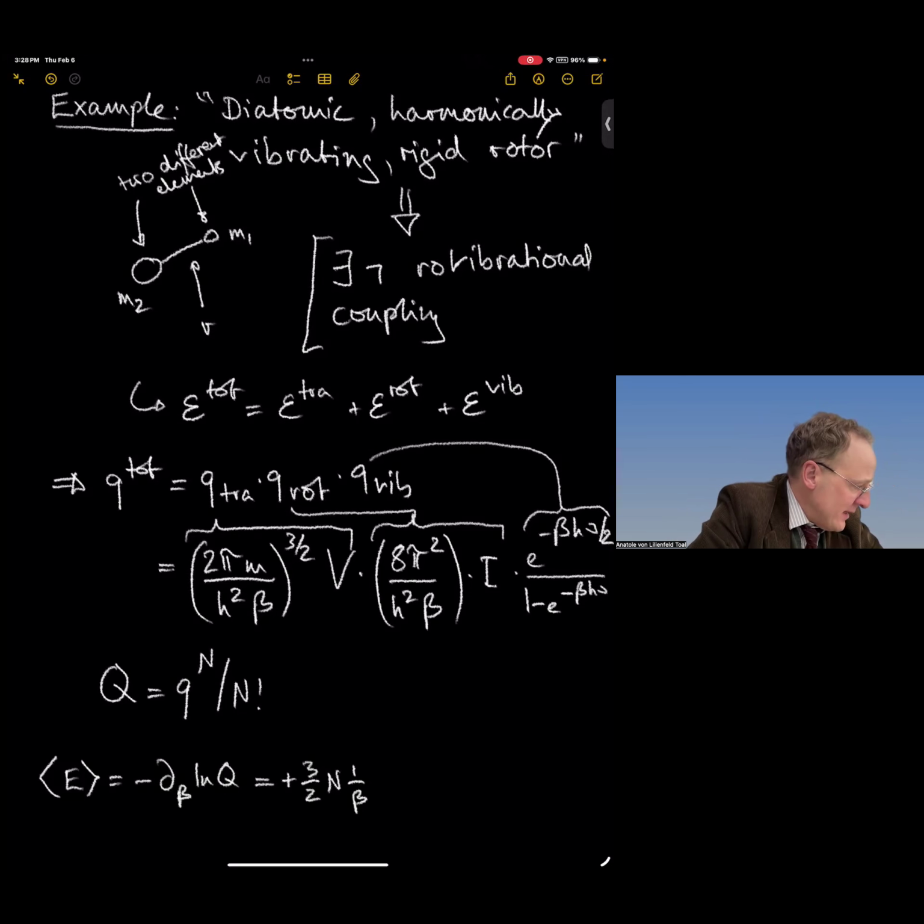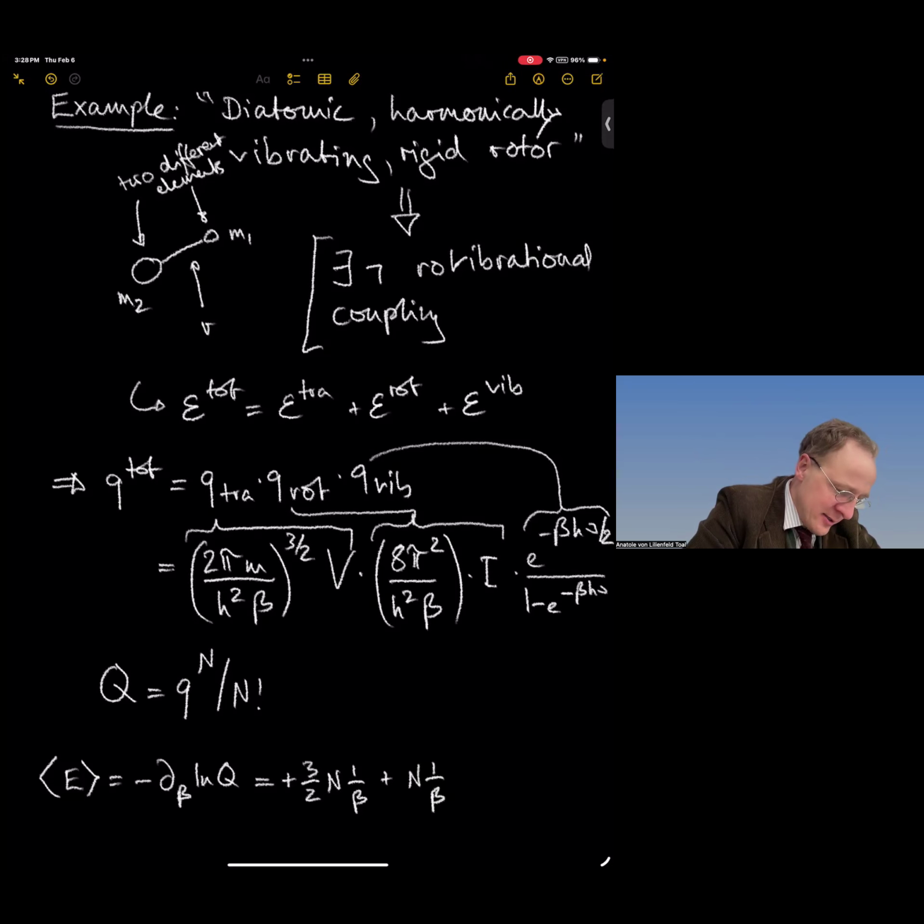This would be for the translational term. And then all those terms independent of beta die because I'm differentiating with beta. And I'm writing N over 1 beta for the translational part.